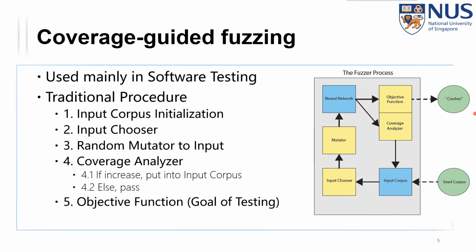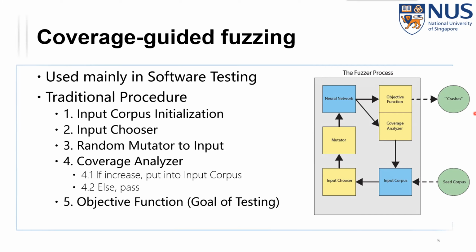Yeah, so in traditional testing, the overall goal is to find more coverage. Actually, it's coverage-guided testing, so the main goal is not to improve the coverage, but to find the bugs by this coverage guidance.